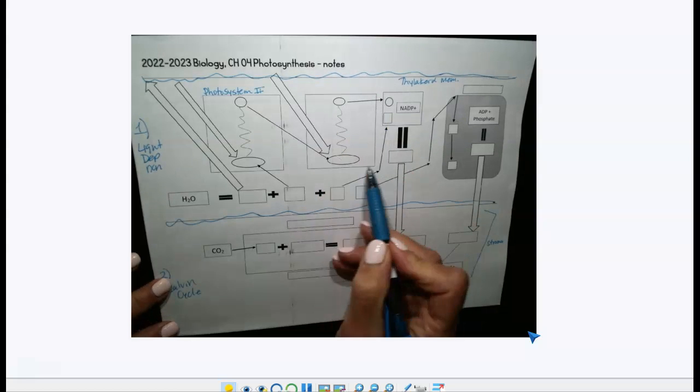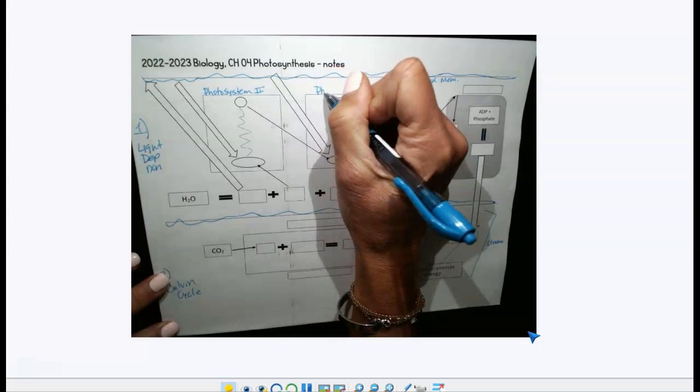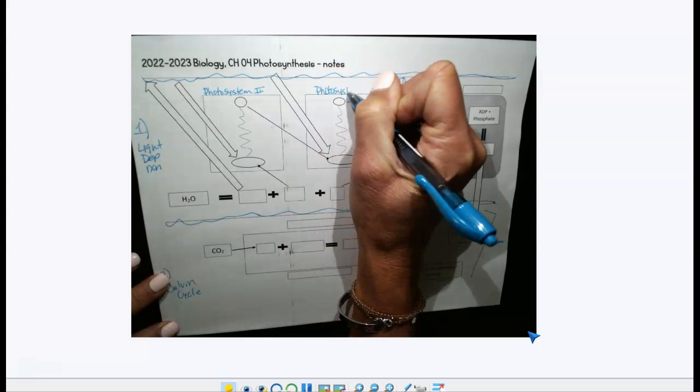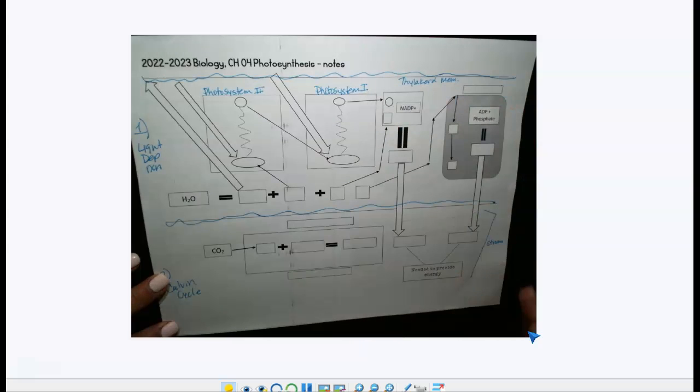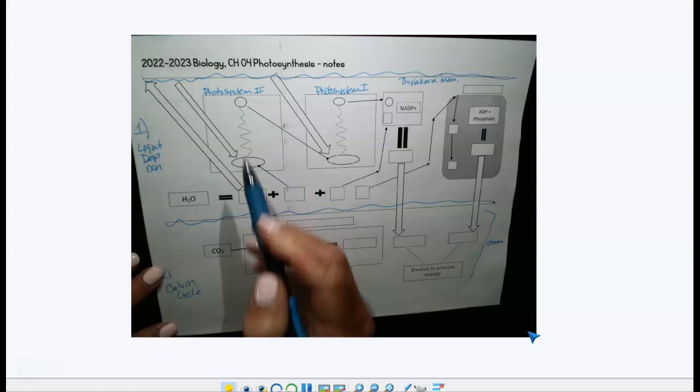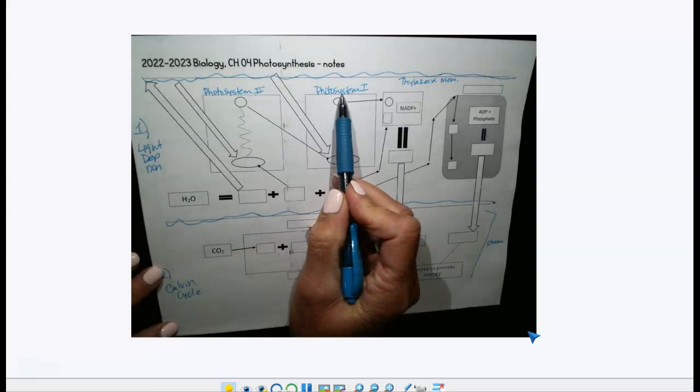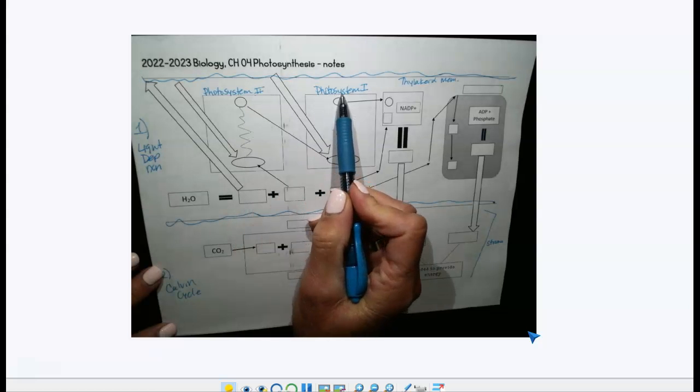This protein right here is photosystem 1. The reason it is in that order is because this one was discovered before the other, and they just left it like that.